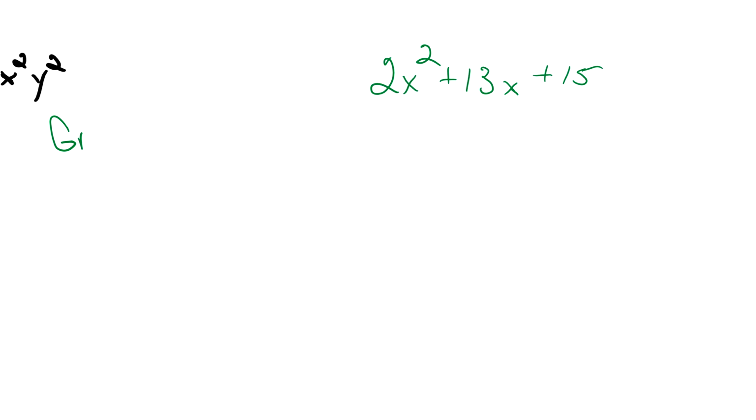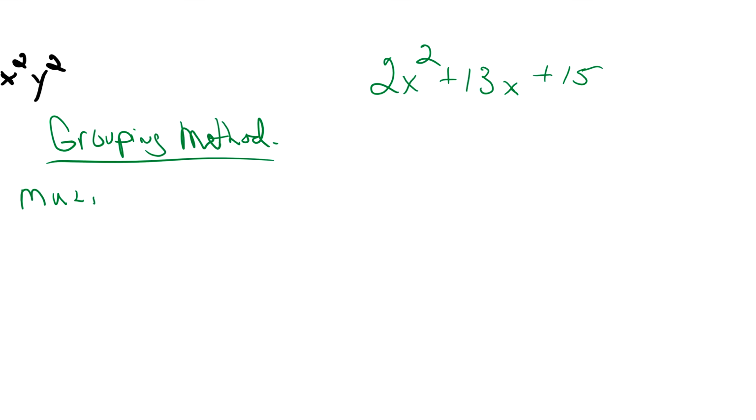All right, in the grouping method, here are some steps for you to remember. Multiply A times C. All right, so 2 times 15 is 30.